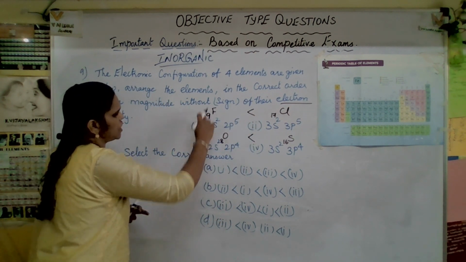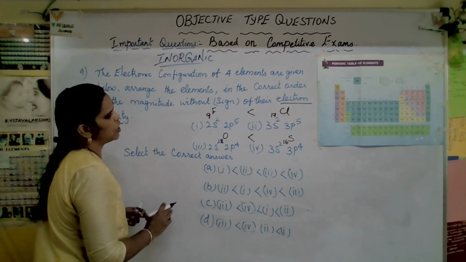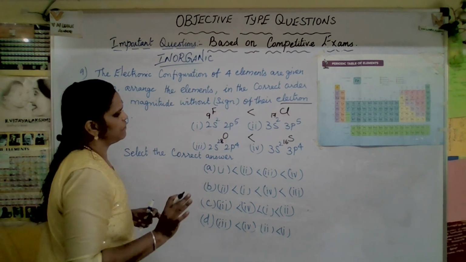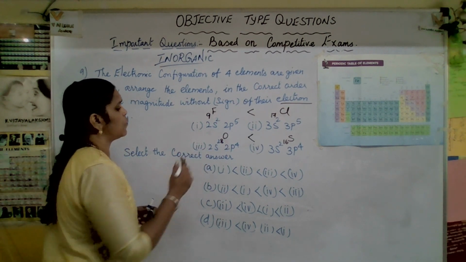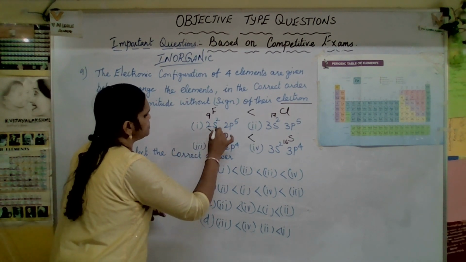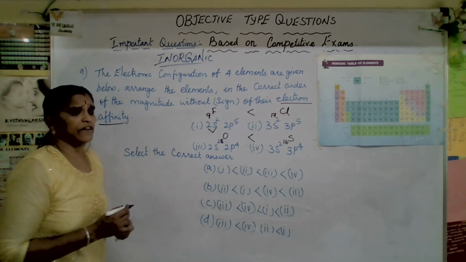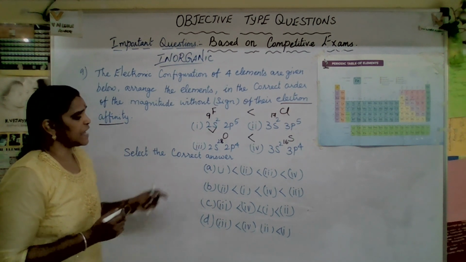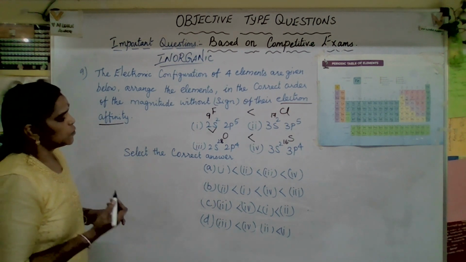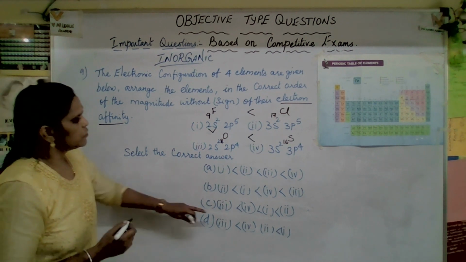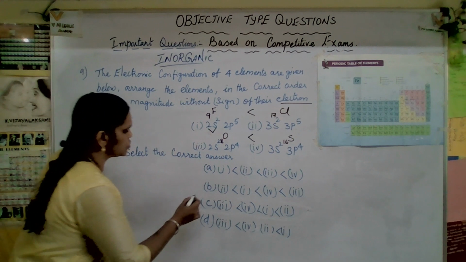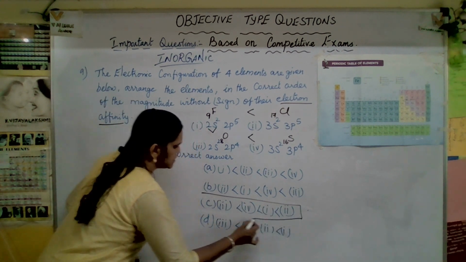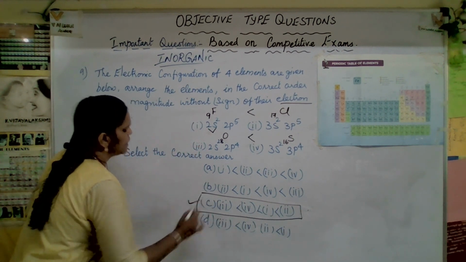Now we have to check fluorine and oxygen: fluorine has more electron affinity than oxygen. So which is the correct option? 3, 4, 1 and 2. So option C will be the correct one.